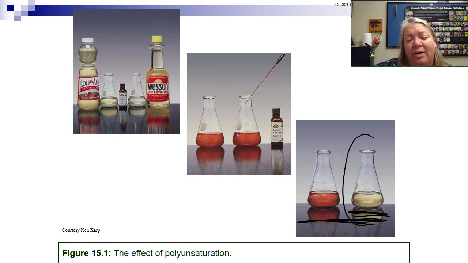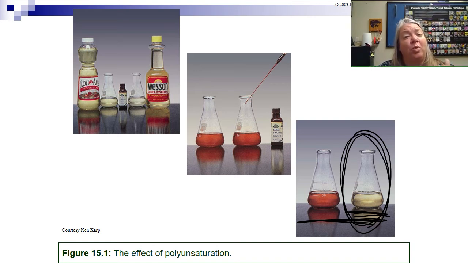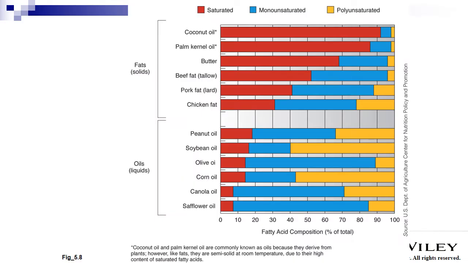So since the one on the right is colorless, that means that it had more double bonds, that it's more unsaturated than the one on the left. So we can use this technique to try to give us an indication of the number of double bonds or the degree of unsaturation. Here we have different examples of fats and oils.